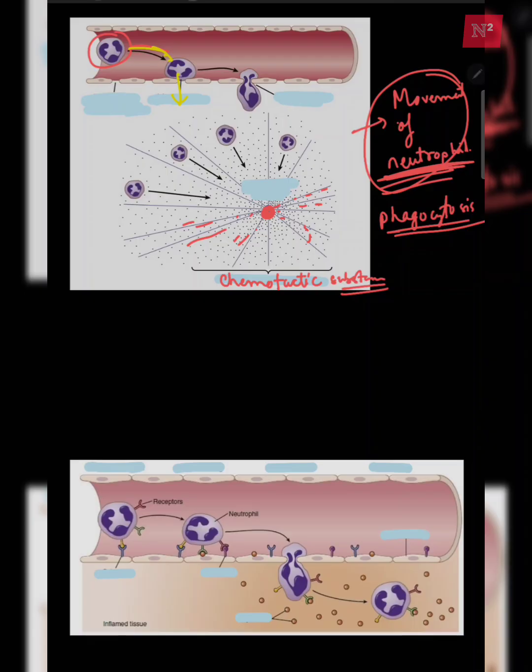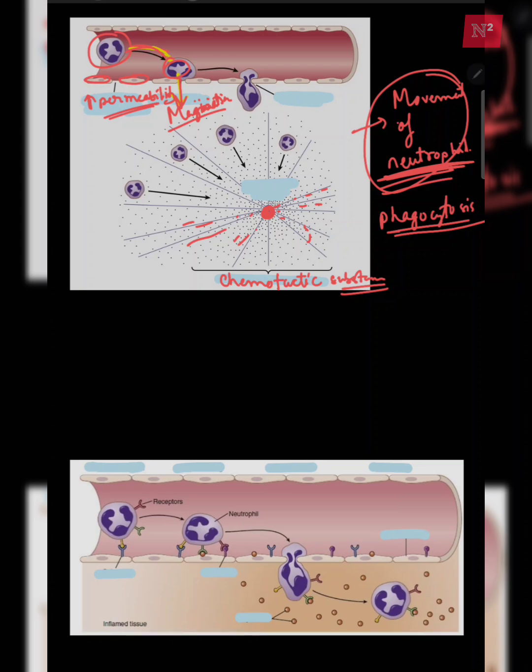For that, there is increased permeability of the cells of the endothelial lining. The neutrophils start to stick to the sides of the endothelium, and there is margination. This step is called margination.